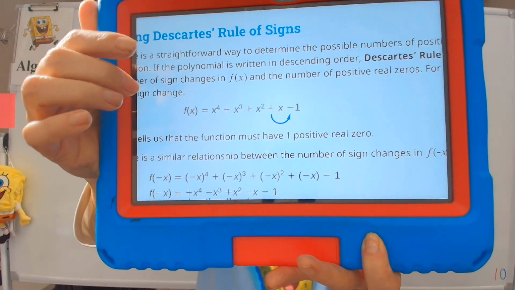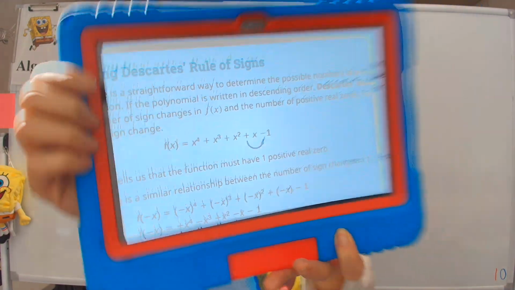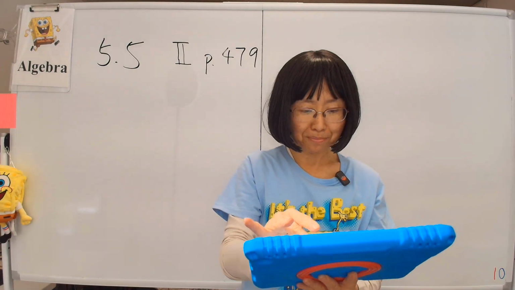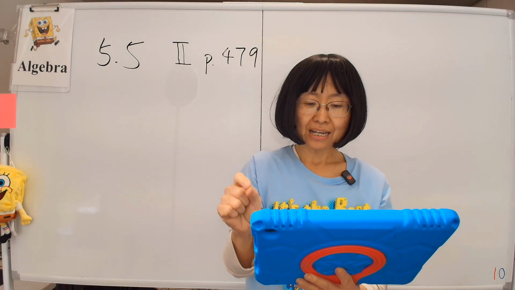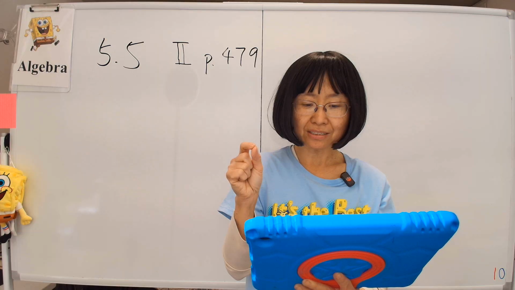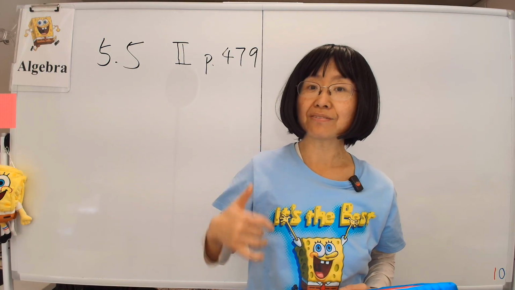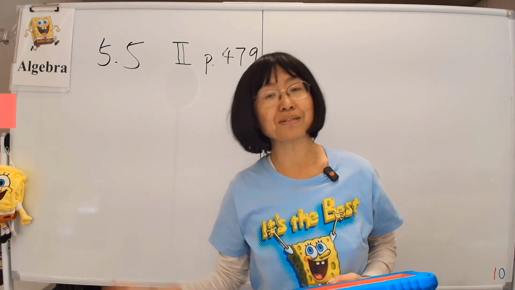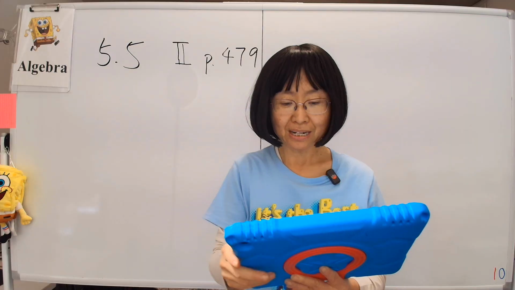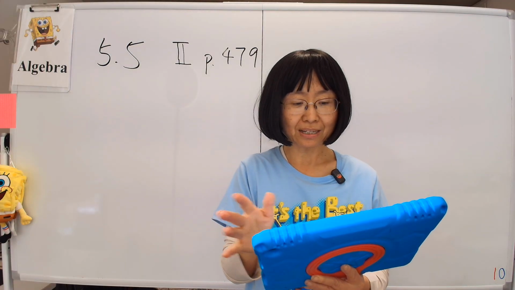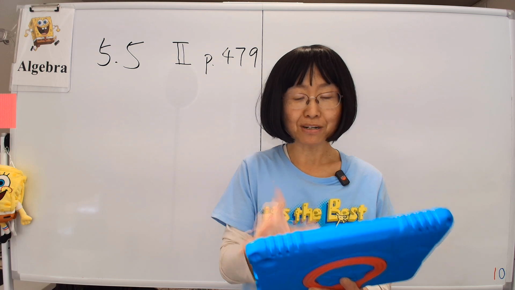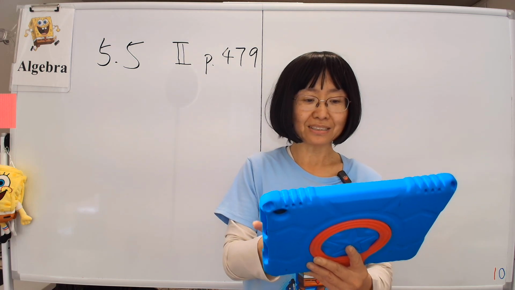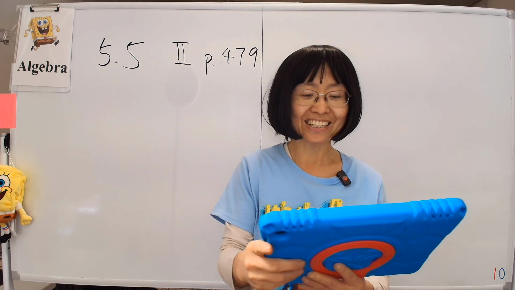It changed once. So what does that mean? According to Descartes' statement here, the number of positive real zeros is equal to the number of sign changes or less than it by an even number. Well, it's not possible to be less than 1 by an even number when counting zeros. Therefore, this has one positive real zero just by counting signs.